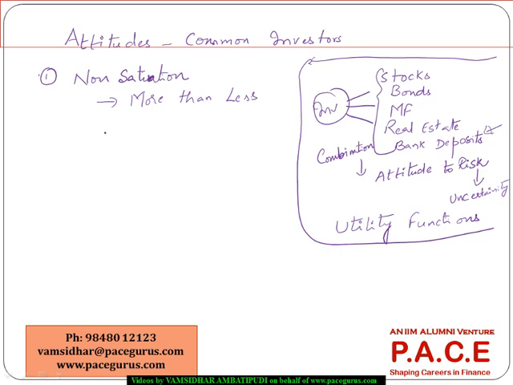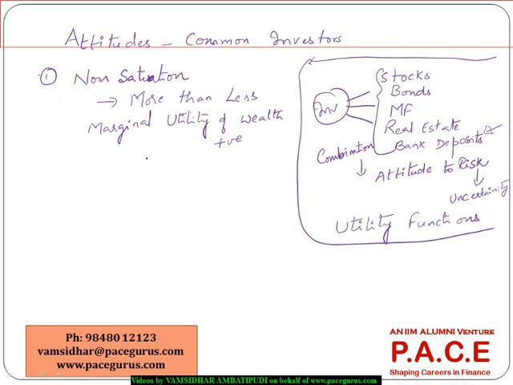So what we are simply saying is the marginal utility of wealth, meaning the extra wealth that is getting created by an extra investment, is always positive because investors always prefer more wealth compared to less wealth. So if they are convinced that their wealth is going to increase, they are going to go for that investment, and if they feel that their wealth is going to decrease, they will not.